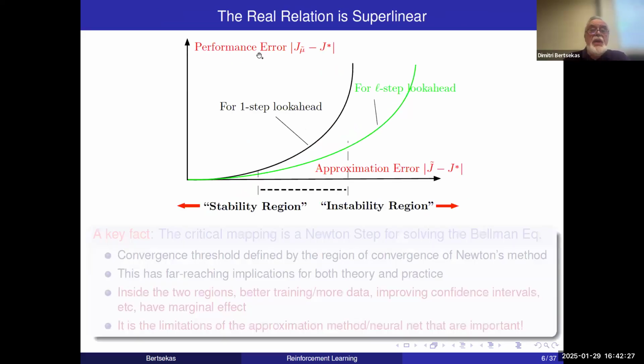That's what I'm showing here. Approximation error, performance error. Instead of the linear relation that the linear error bound postulates, the true relation is superlinear. In other words, it has this curved kind of shape. If the approximation error is small, then the performance error is tiny.